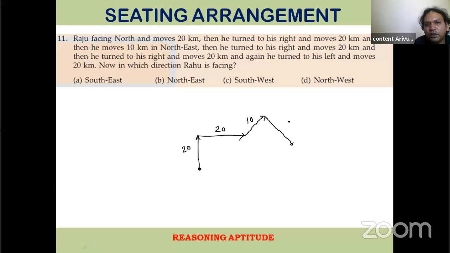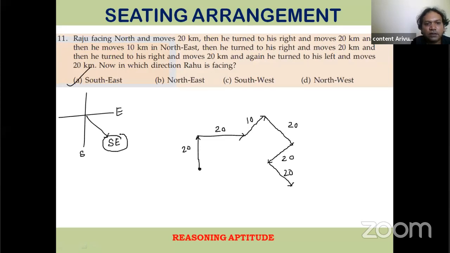Then he turns to his right and moves 20 kilometers again. And turns to his left and moves 20 kilometers. Now, if he turns to his left and moves 20 kilometers, it will be southeast, not northeast. This is south, this is east, so that's southeast direction. So the answer has to be A, not northeast. One statement I had missed out in the middle, so that's why. The answer would be southeast.